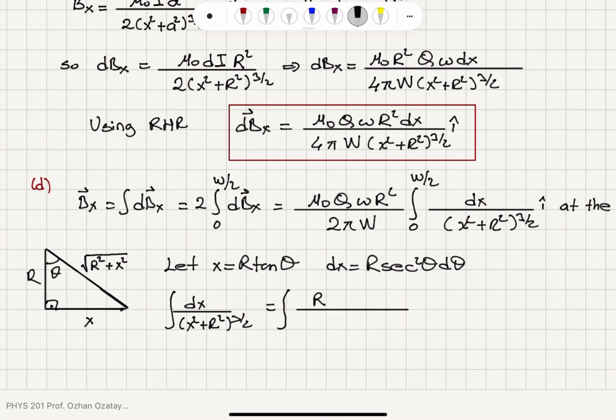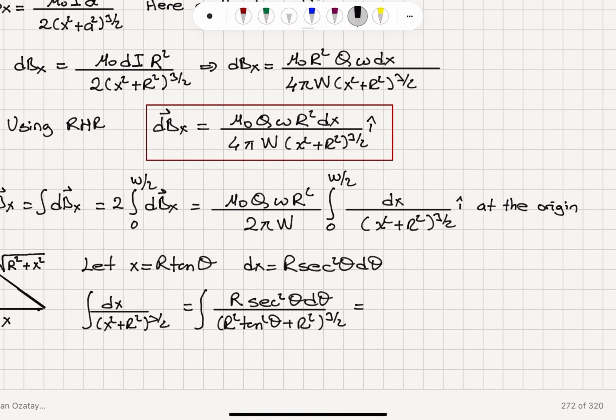capital R secant squared theta d theta, that's dx, divided by (capital R squared tangent squared theta plus capital R squared) to the power 3 over 2, and that integral is capital R secant squared theta d theta divided by capital R cubed (1 plus tangent squared theta) to the power 3 over 2.